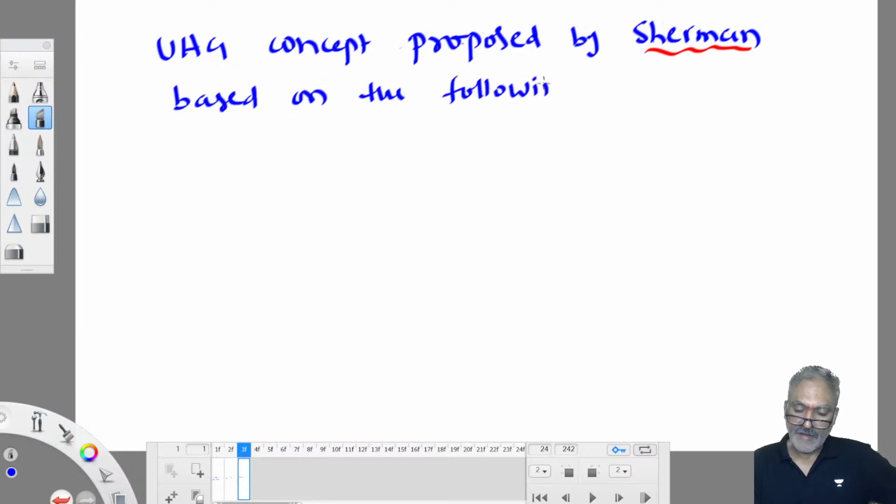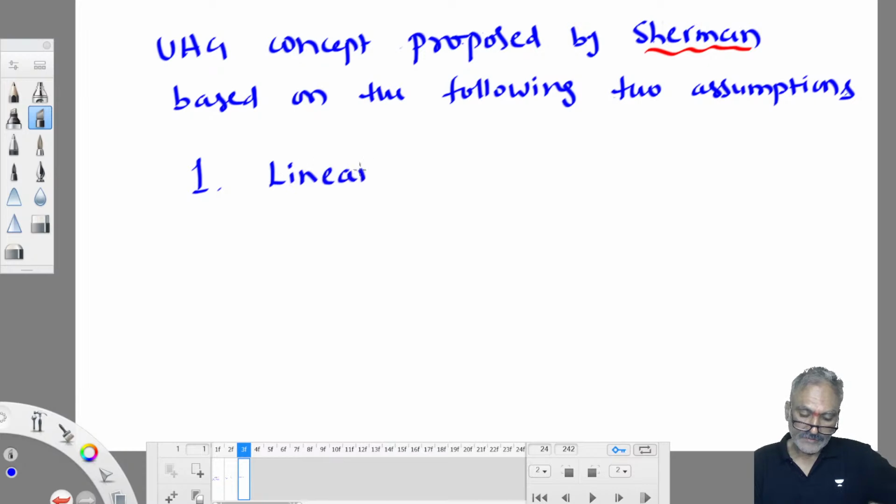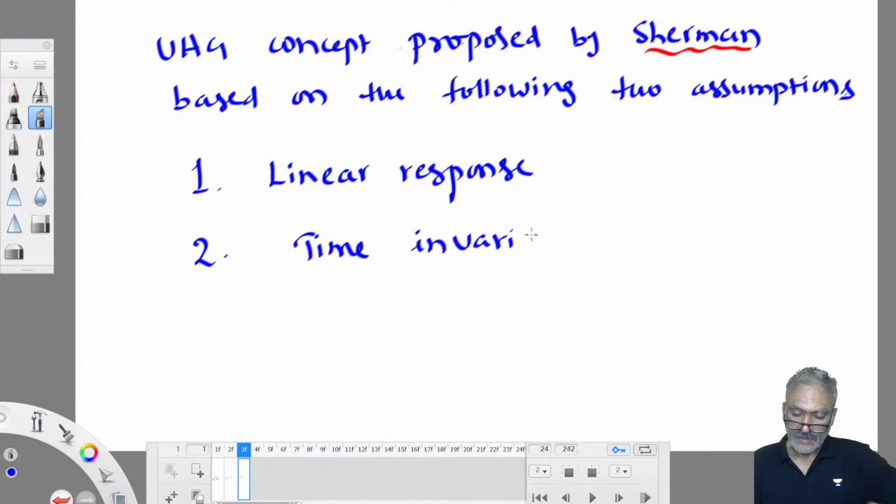Assumption number 1 is linear response. Assumption number 2 is time invariance.